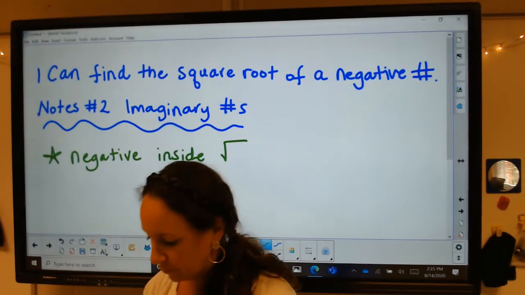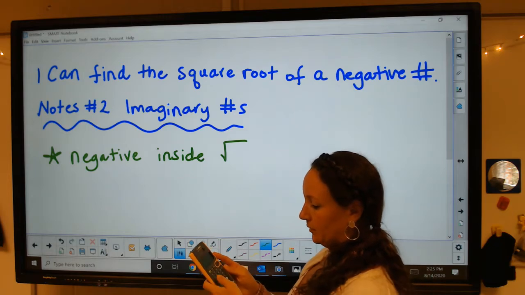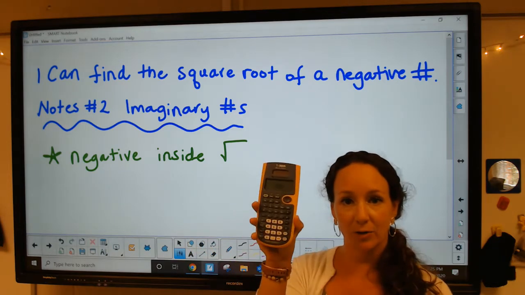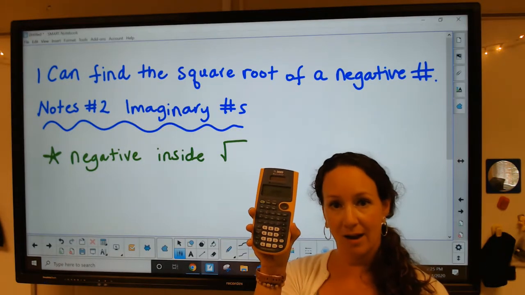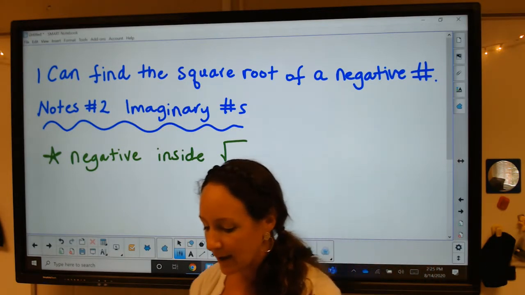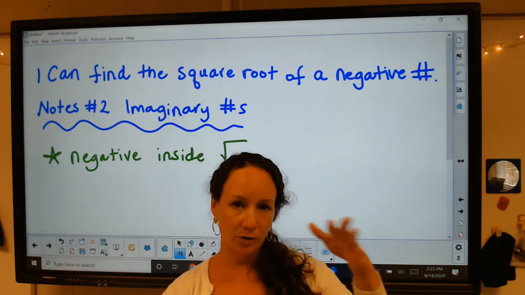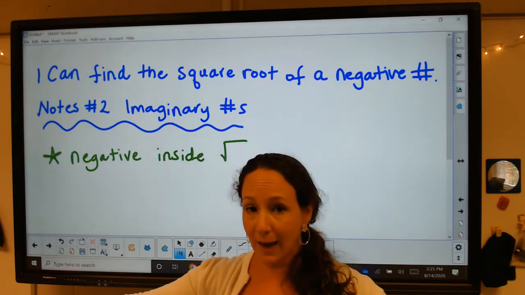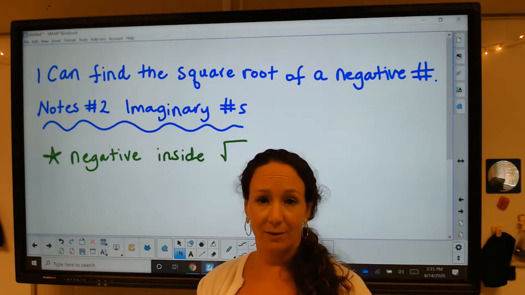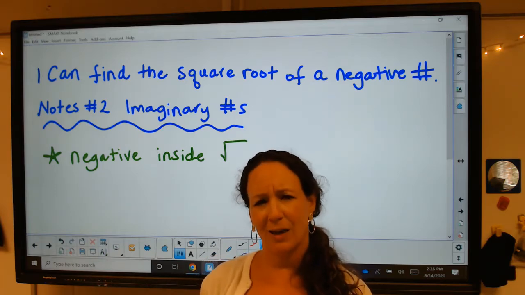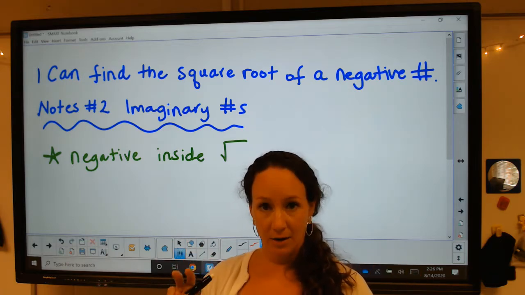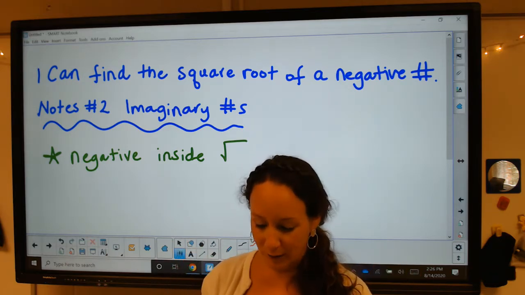If you ever tried to take the square root, say, of -4, your calculator would say domain error. And that's because if you think about it, if you were trying to find the area of a square, well, area is not negative. It is always a positive value. So that's why you kind of have to create this set of imaginary numbers to make this work.